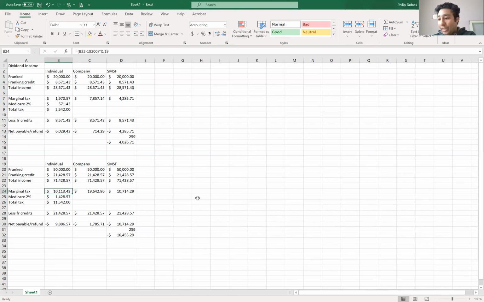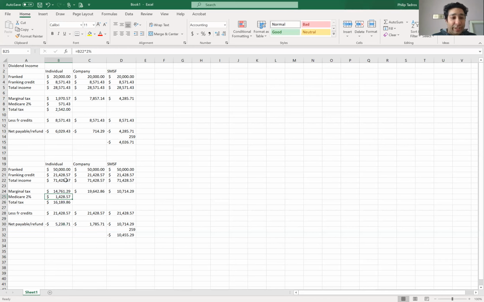So let me just look at this guide for the time being. So we've got an income in an individual now of $71,000. We do equals 71,000 minus 37,000 times 0.325 plus 3572.